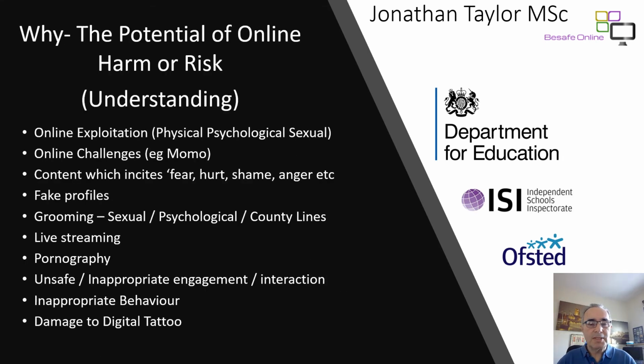There's a lot to understand, which is why, when it comes down to who should be supplying it, you've got to be looking at somebody who's worked in this area for some time, not just been on a course, because understanding what a child's possible exploitation or harm may be as a result of ignoring the risk is quite lengthy, and you can see many examples here. Some schools will deal with it far more than others. I put right down the bottom there damage to the digital tattoo or the digital footprint.